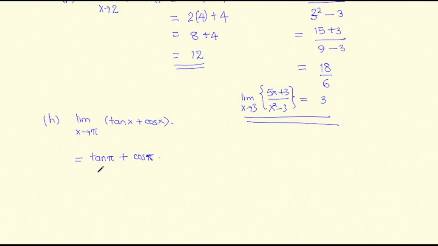Now, if you wish, you can write tangent in terms of sine. So tangent pi can be written the same as sine pi over cosine of pi.